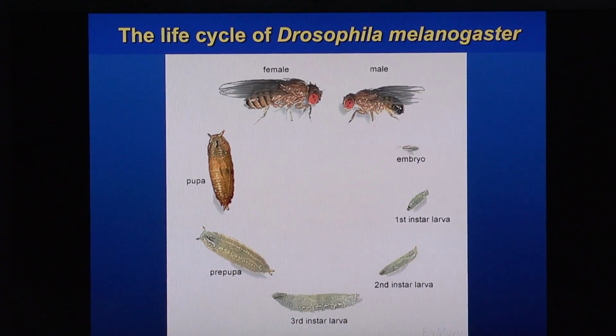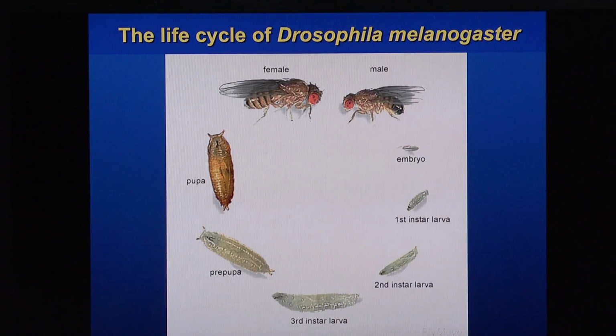So this is just to give you an idea of how the life cycle occurs. We have female and male. The male is on the right. The male is a little bit smaller than the female. They mate. The females deposit an embryo, usually on soft surfaces, that's why they like to go to fruit, and they deposit embryos right there. 24 hours after the embryo has been deposited, the larvae hatches, and then you see a little worm-like structure.